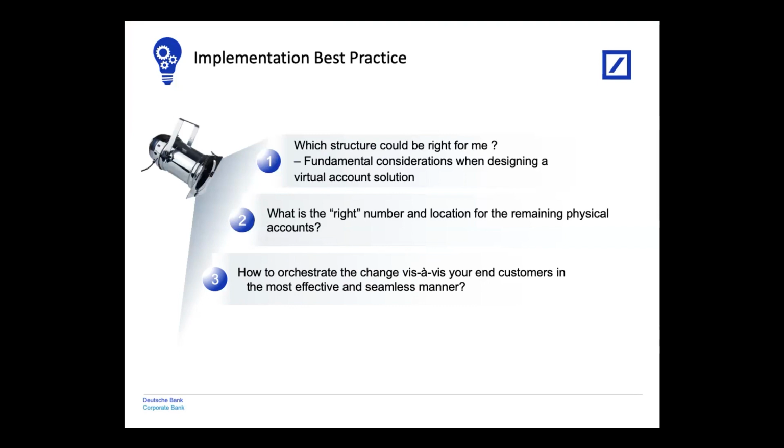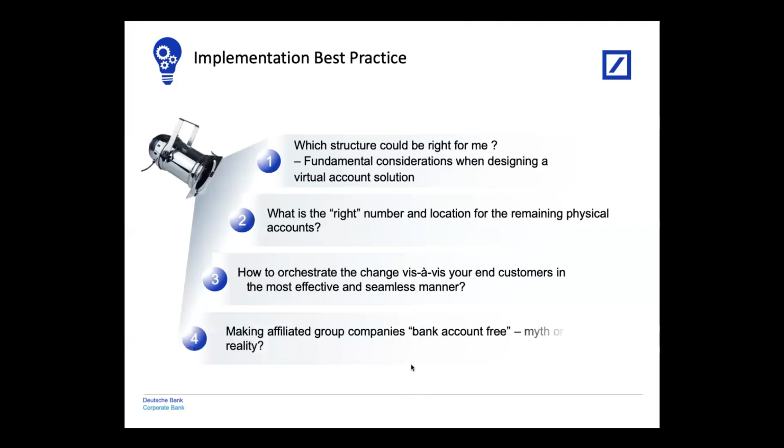So simply put, the advice that we are giving here is that corporates should allocate sufficient resources also for the go live phase in order to make sure that the transition can work as smooth and as quickly as it possibly can.